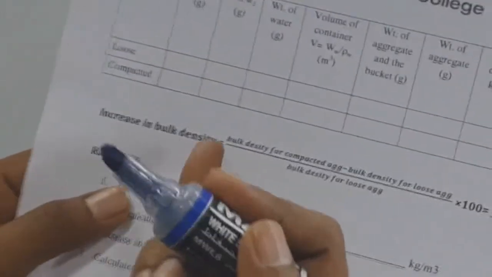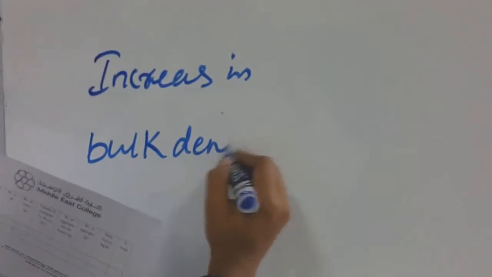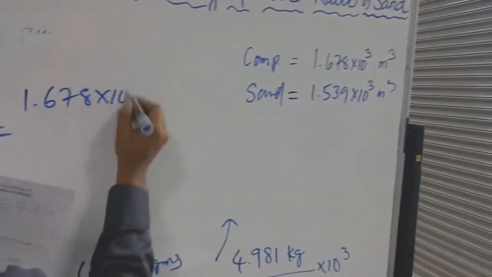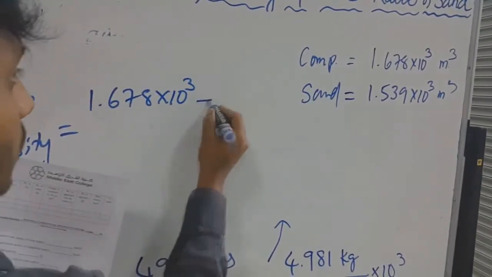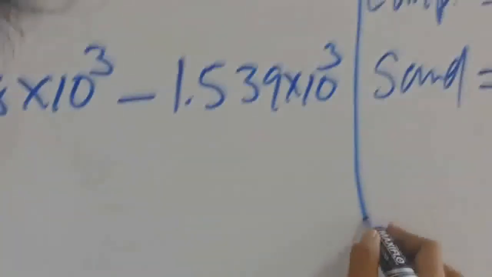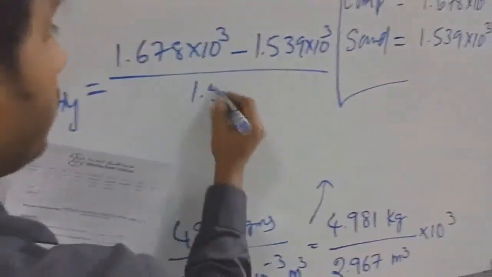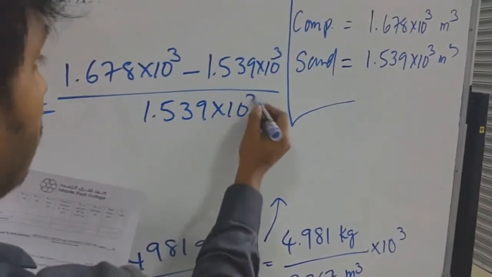So increase in bulk density is equal to the bulk density for compacted aggregate, 1.678 into 10 cube, minus the bulk density for loose aggregate, 1.539 into 10 cube, over the bulk density for loose aggregate, 1.539 into 10 cube.